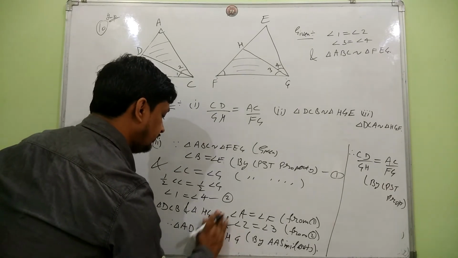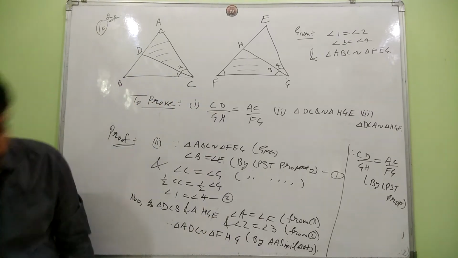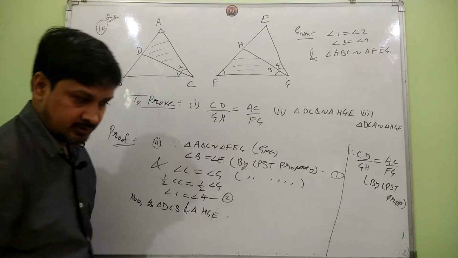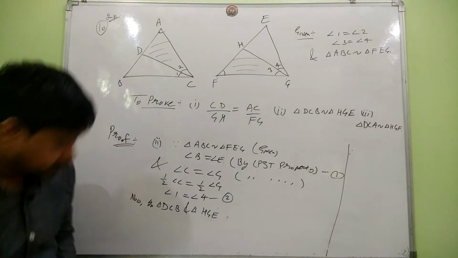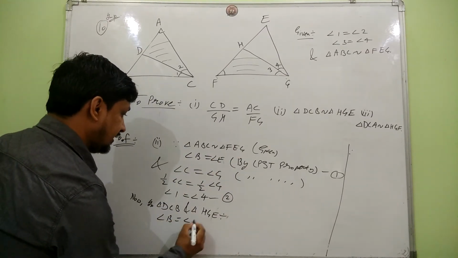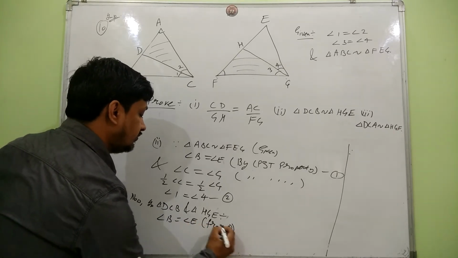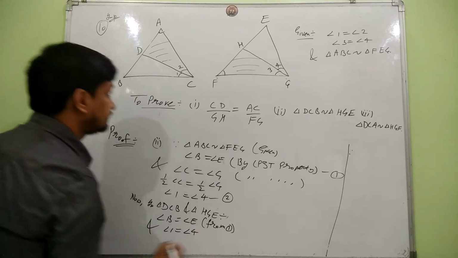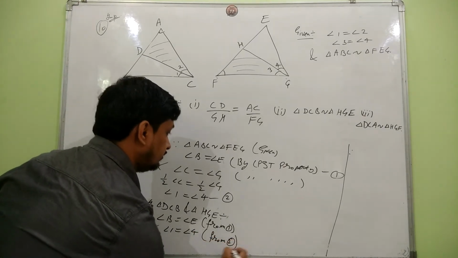So what we have taken, what we have arranged, we can rub this portion now, and this we have done. So now we can say, with the help of these equations, angle B is equal to angle E from equation number 1, and angle 1 is equal to angle 4 from equation number 2.